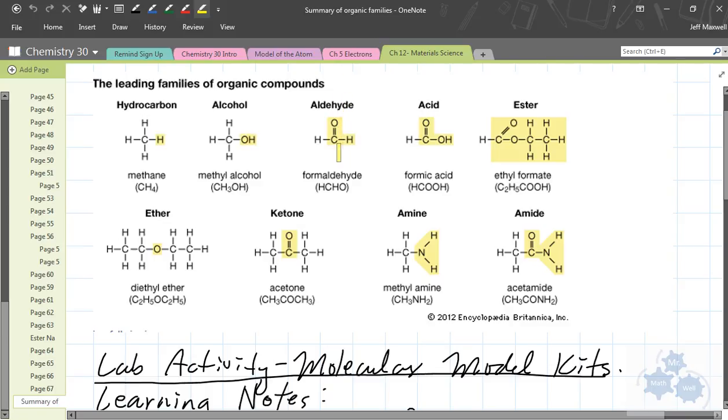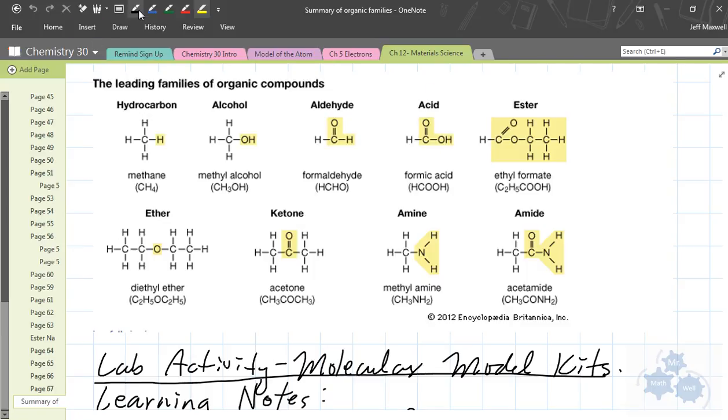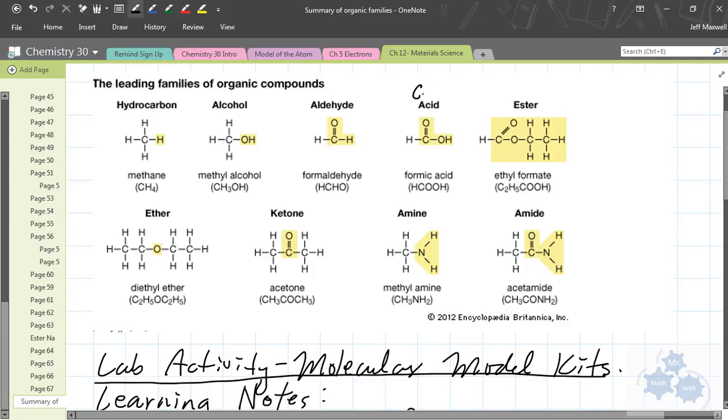An aldehyde here has this C doubly bonded to O. Okay, this is an acid, a carboxylic acid, which we talked about. You can write carboxylic acid here. We talked about an ester as well: C doubly bonded to O, bonded to another oxygen and a carbon group, ester.